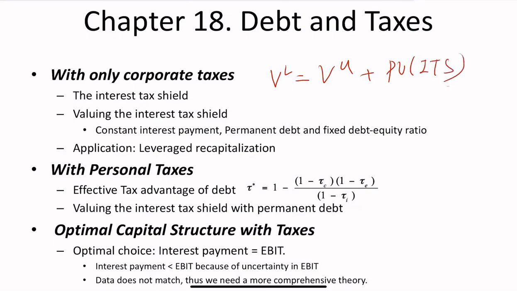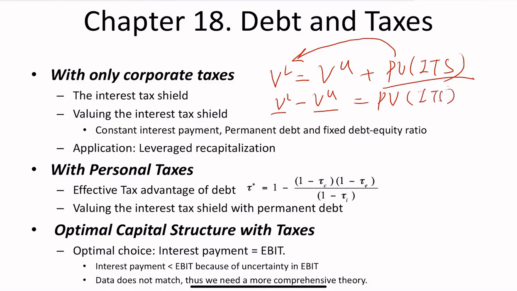So you can see that understanding or valuing interest tax shield gives us a pretty good idea how the firm's levered value will change. And we sometimes would also use the difference between levered value and unlevered value to calculate the value of the interest tax shield.